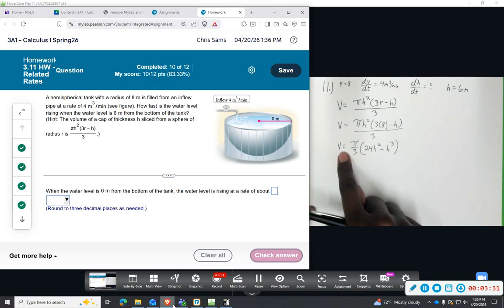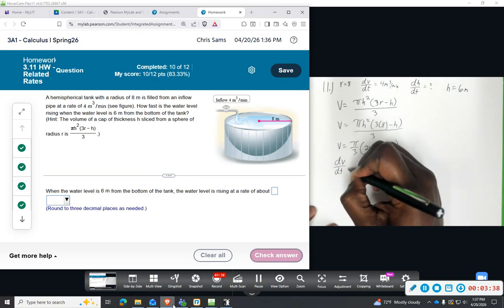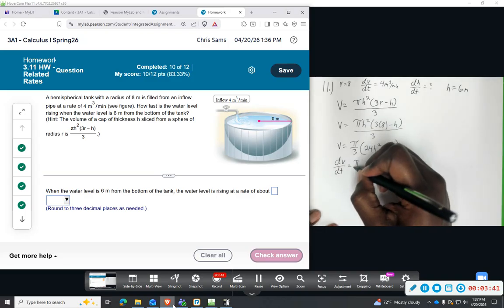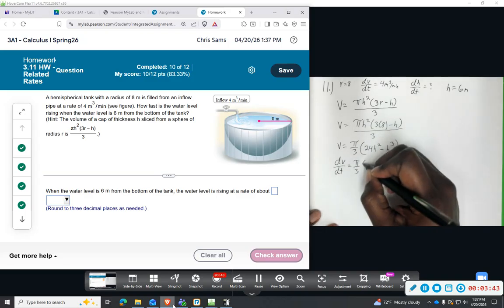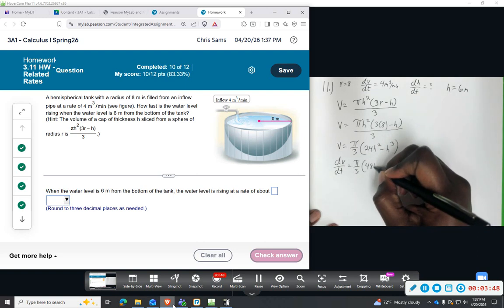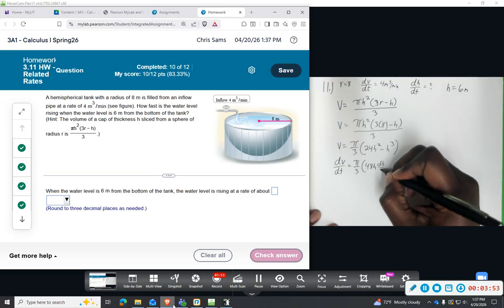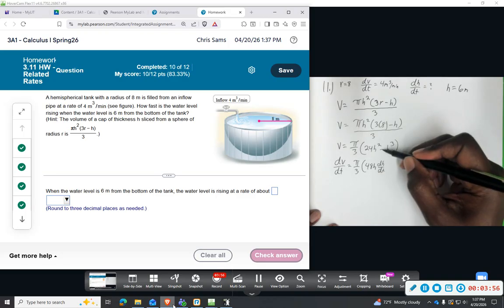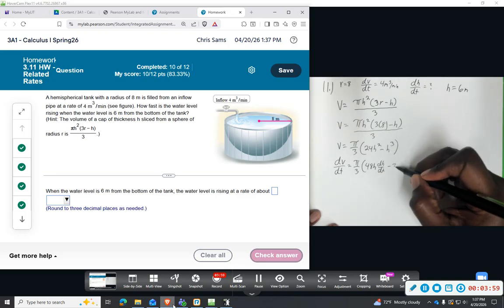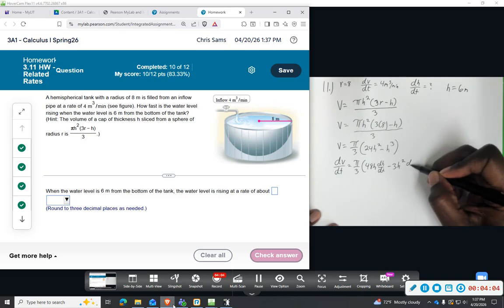From here, we're going to take the derivative. dV/dt equals pi over 3 times the derivative: 2 times 24 will give us 48h times dh/dt, and then minus 3h squared times dh/dt.